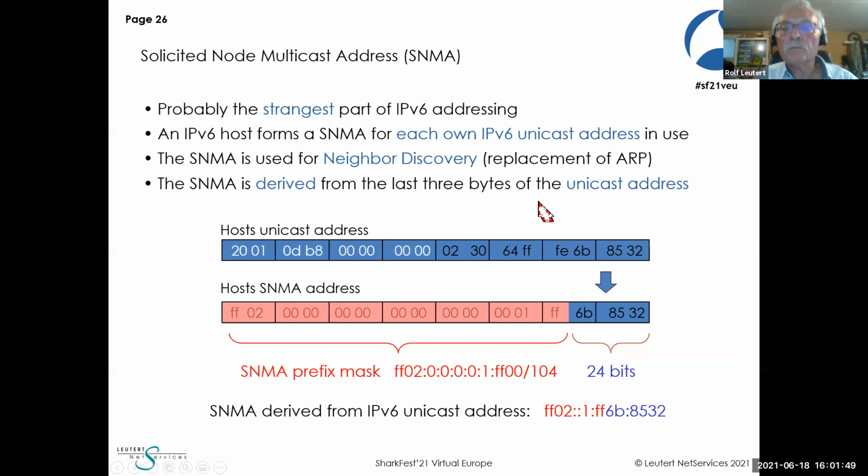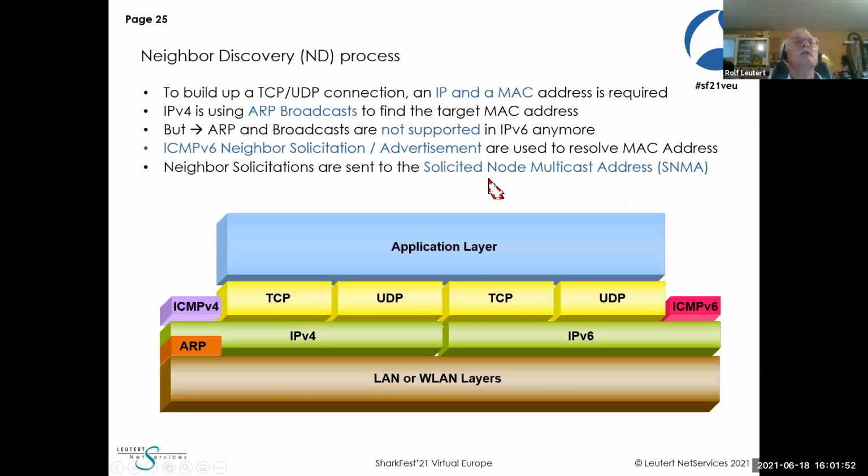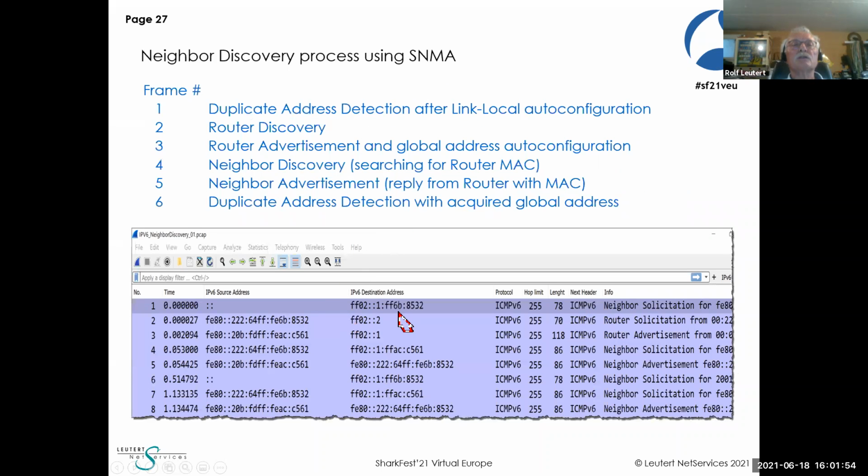What in page 27? Yes. What if a duplicate is detected? It would reply, of course, with a neighbor advertisement with this ID. And then it depends what the client is going to do. I never saw it.